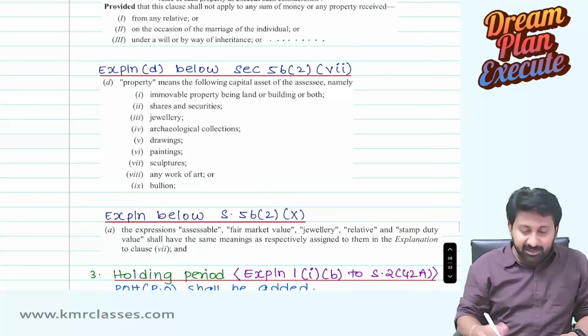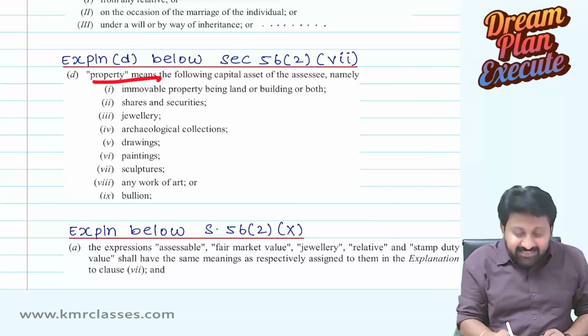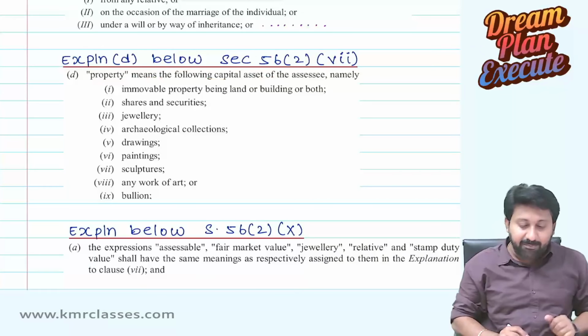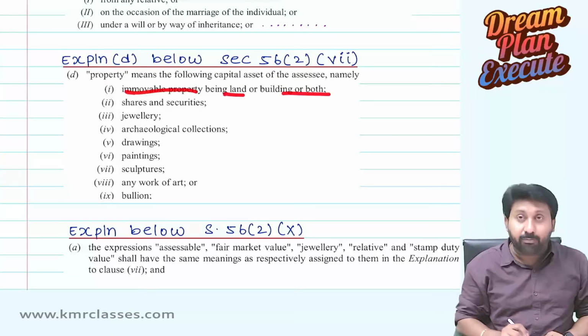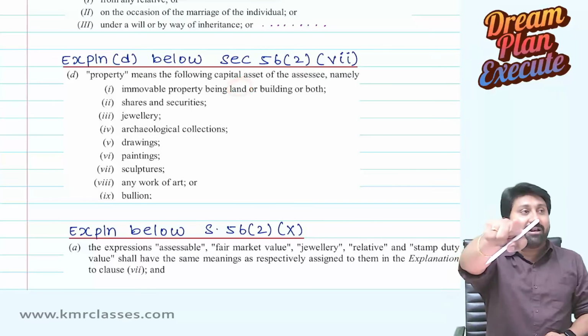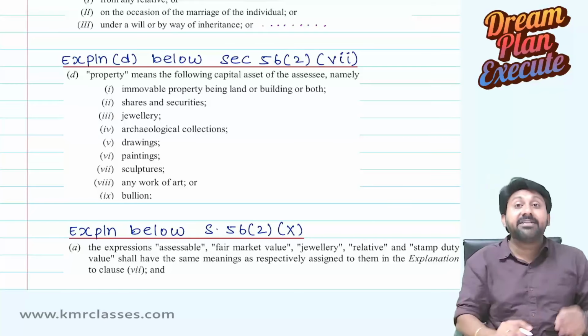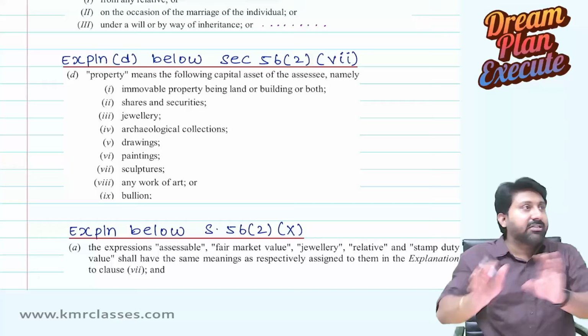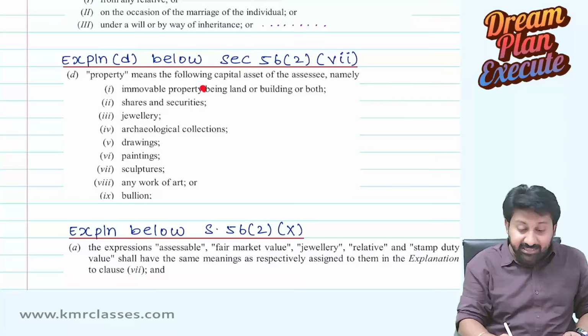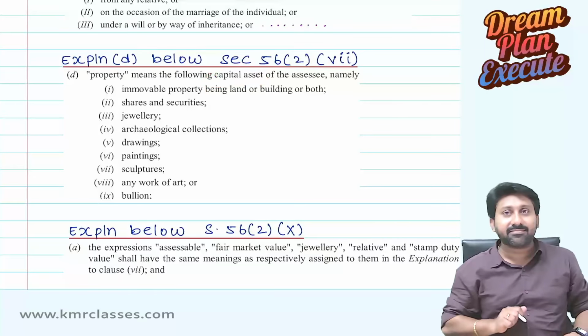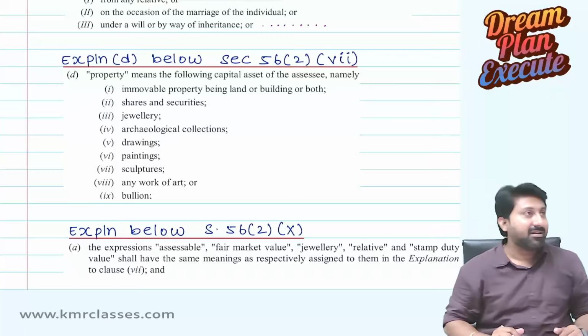So synchronization between the capital gains chapter and the other sources chapter is given here. Property means capital asset. What capital asset? Immovable property being land, building or both. In this land, agricultural land will come, or will not come? If it is urban agricultural land it will come; rural agricultural land will not come because rural agricultural land is not a capital asset. See how many linkages are given.